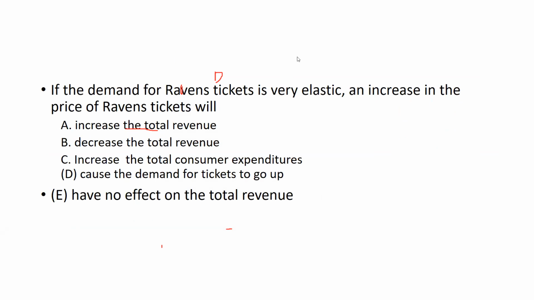This type of problem was one that a lot of you guys got wrong. So let's take a minute and look. If the demand for Raven tickets is very elastic, an increase in the price, okay?